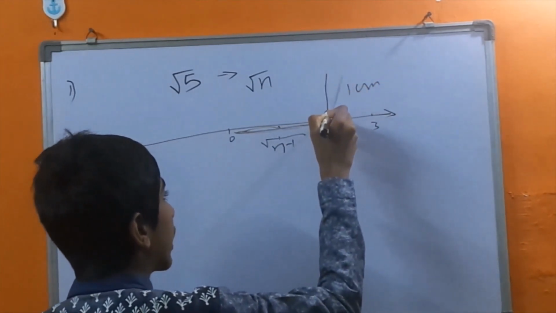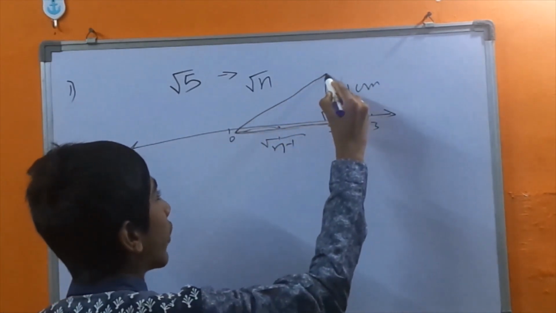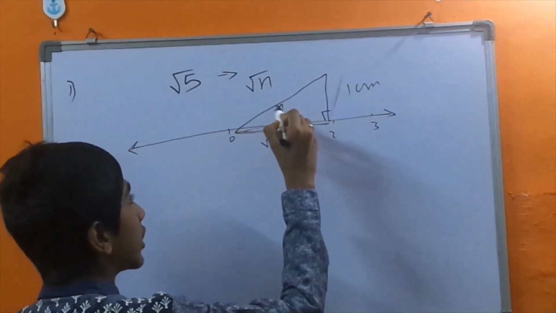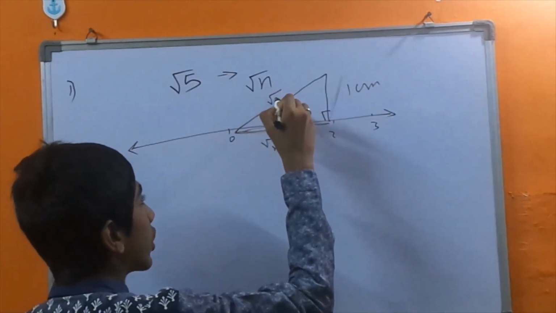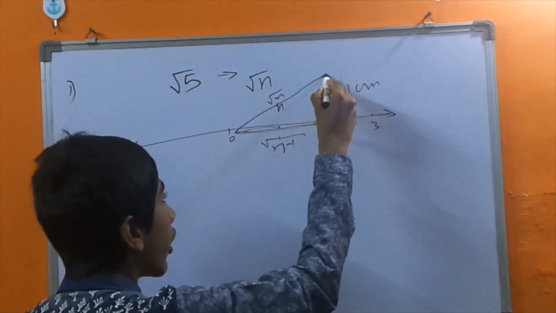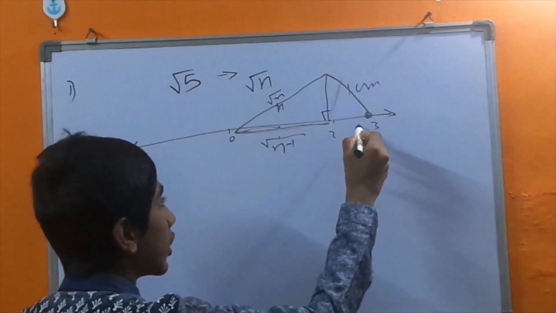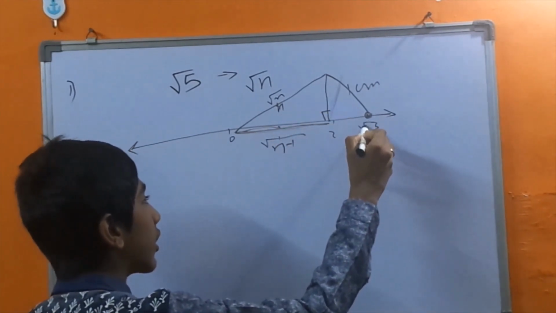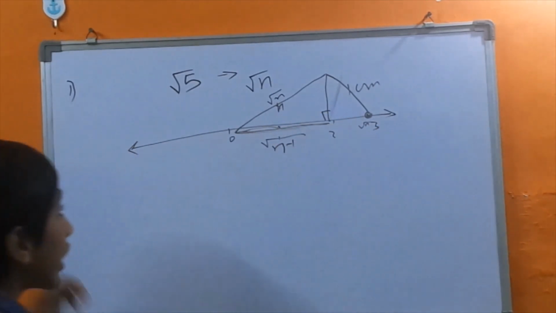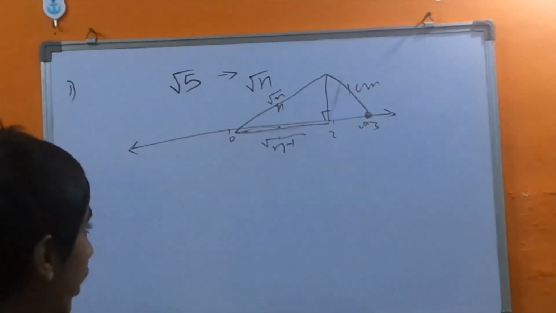Again, we use the Pythagoras theorem to find the length of this hypotenuse, which is nothing but root n. Then you should draw an arc cutting like this to show that root n lies here. Similarly, we will use this technique for representing root 5.